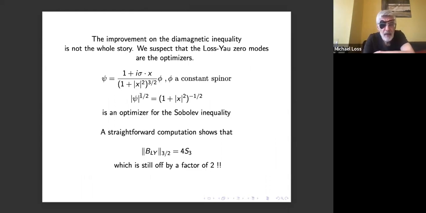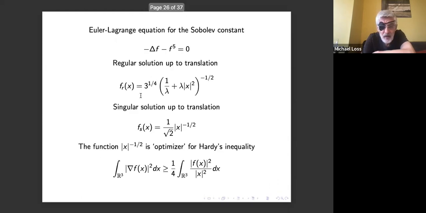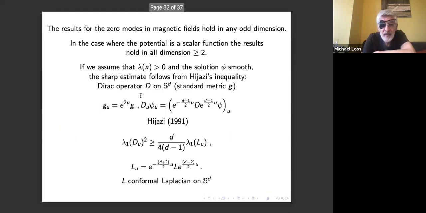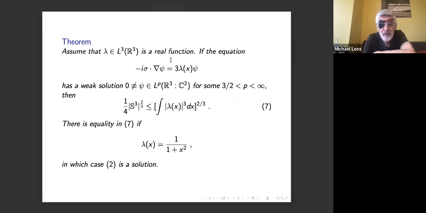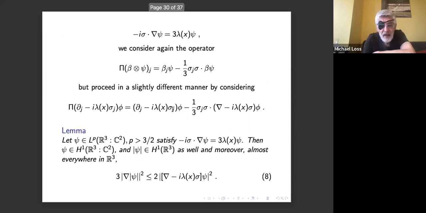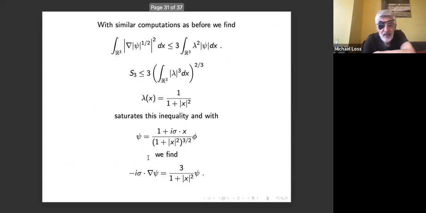By the way, let me also point out, when you go back to this inequality, remember I told you that this equation holds for the spinor. Now, once you have this equation, you can easily cook up a magnetic field which produces a zero mode. How do you do it?